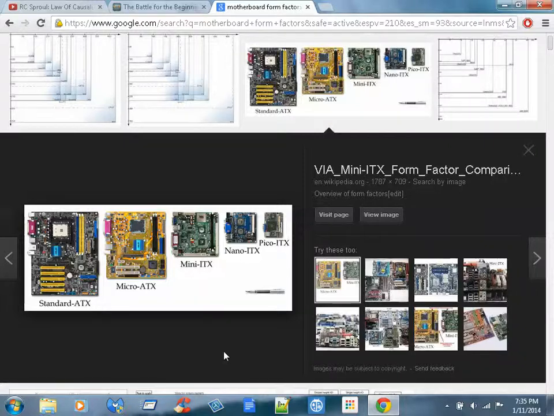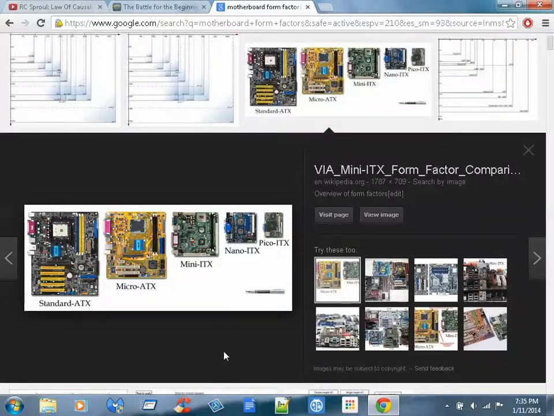Your micro ATX can vary in 2 different sizes: 6.75 inches by 6.75 inches, and then 9.6 inches by 9.6 inches. And they usually have 4 slots for expansion.